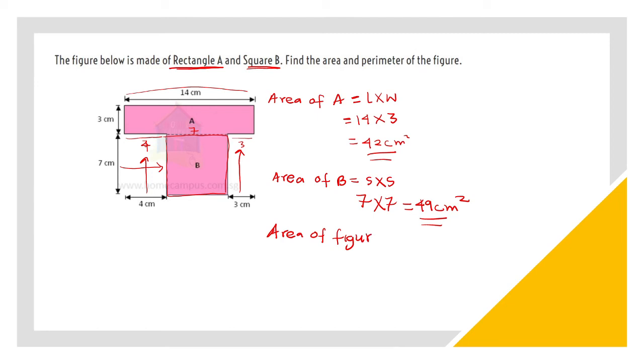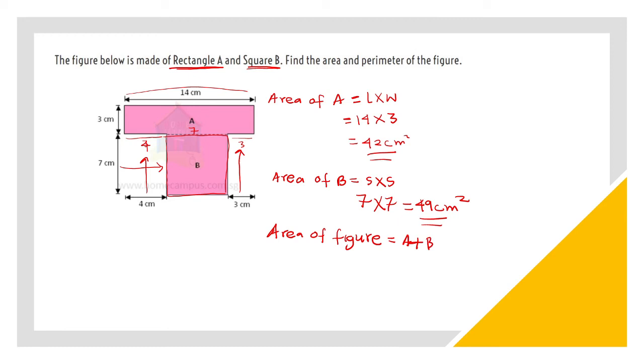All right, so what do you do here? We actually have to add the area of A, that is our rectangle, and the area of B, that is our square. So area of A plus area of B. So let's say A plus B, just A plus B, okay? So what is our A? 42.